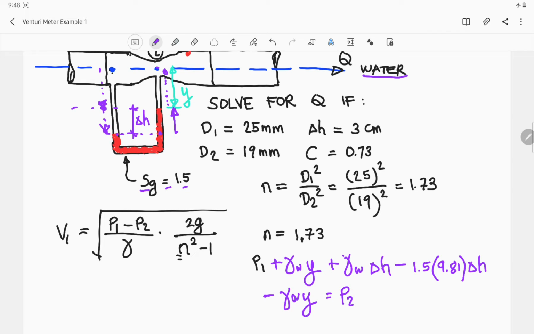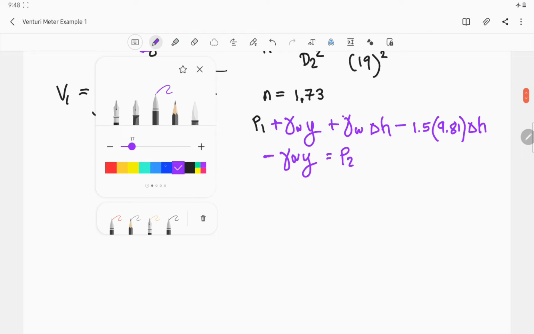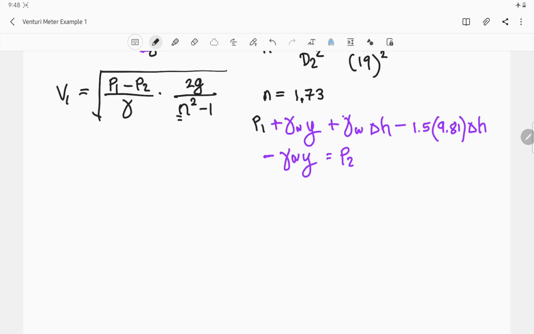Right, so we can rearrange this equation using the black marker. P1 plus gamma of water times y plus gamma of water times delta H minus 1.5 times 9.81.